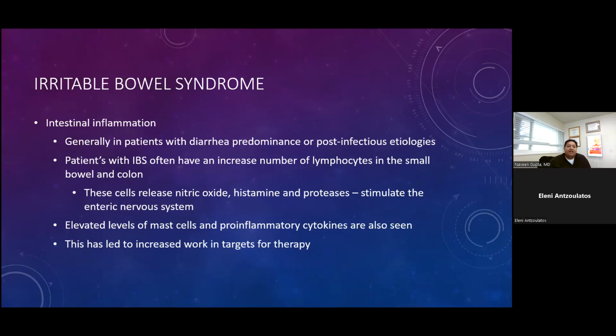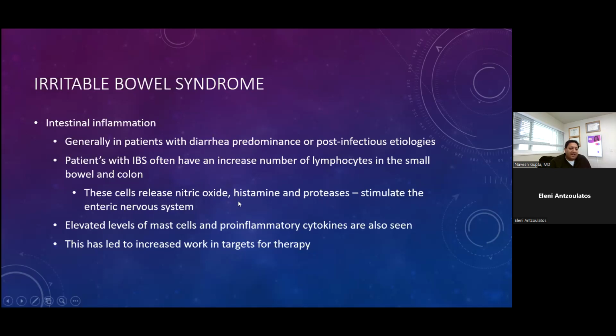Inflammation in the gut. This was never really thought of. We've always thought of irritable bowel syndrome as being the absence of gut inflammation, yet with symptoms, but that's not true. There clearly have been studies to demonstrate that in an irritable bowel syndrome patient, there are increased lymphocytes in the small bowel and colon. These lymphocytes release multiple different factors that lead to an inflammatory response.